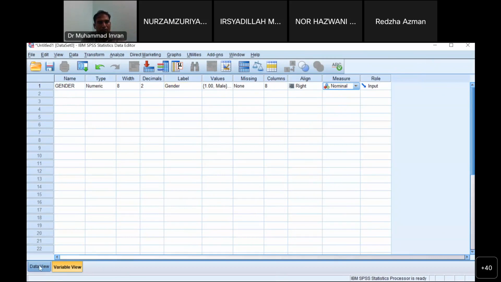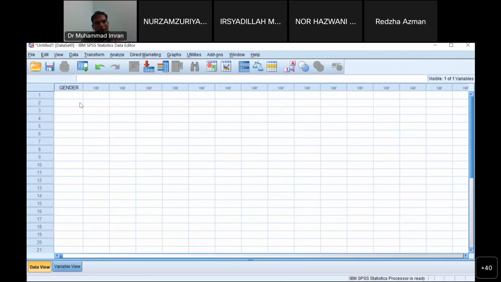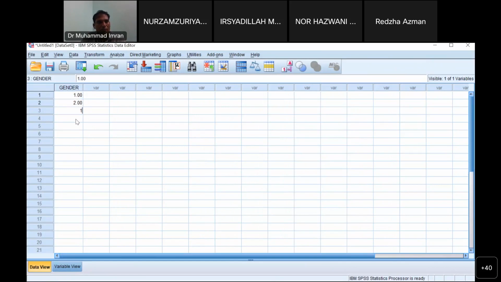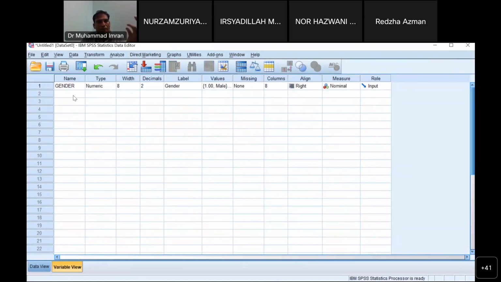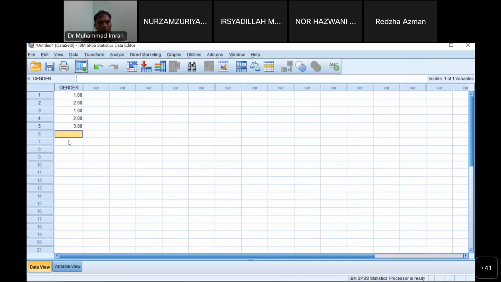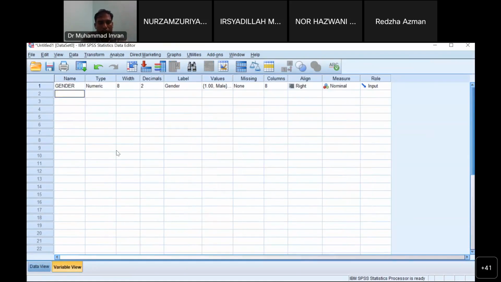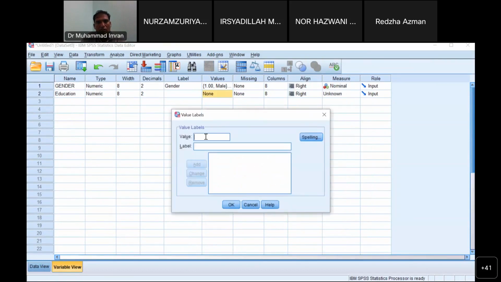So you can see next, under gender, if you get a response, the first respondent is 1, the second is 2, the third respondent is 1, 2, 3, 4, different. And the next variable is education. Suppose education, this is also numeric. Give the label education.